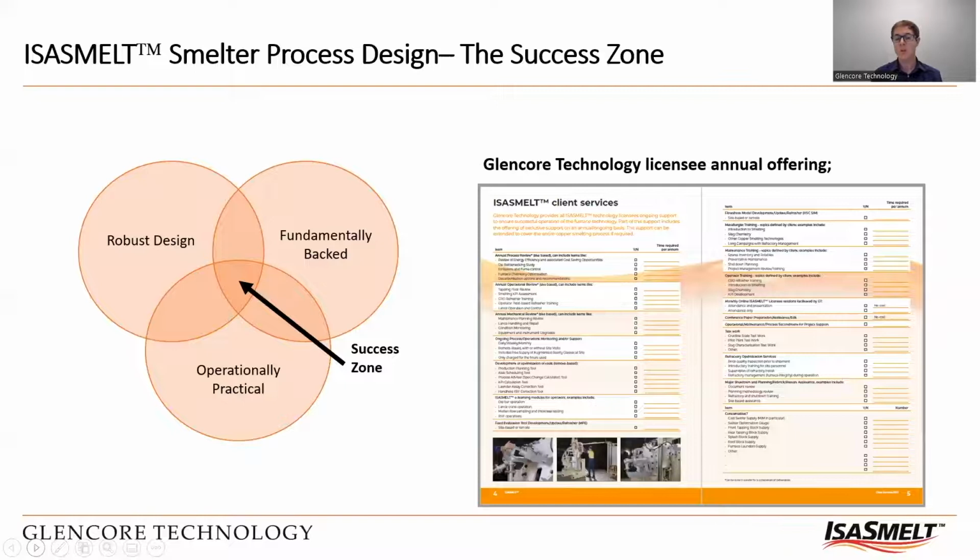The last thing I'll touch on is what we call the success zone at Glencore Technology. For our process calculations, you have to take three things into account to get a really good calculation. First of all, they must be fundamentally backed. That means the chemistry must work, the thermodynamics must be there, the chemical reactions must be there, the chemistry must be really well known and fundamentally correct. From that, we also need the process and the furnaces to be operationally practical.